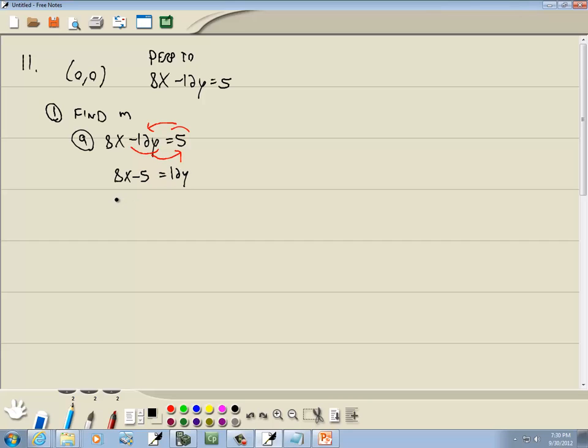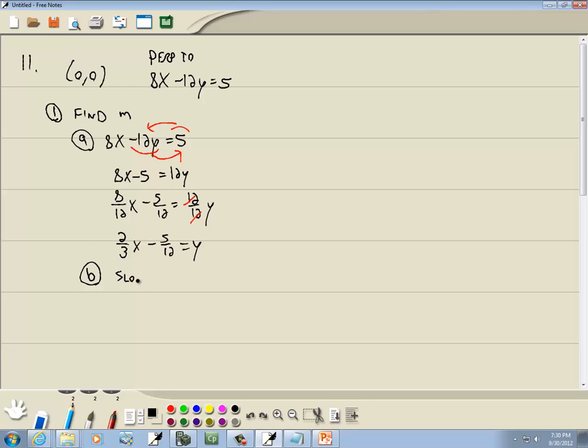And divide everything by 12. So we got 8 divided by 12, -5 divided by 12, and 12 divided by 12. And then those 12s cancel. Now these are both divisible by 4, so that gives us 2/3 x minus 5/12 equals y. And we just solve for y. That's in slope-intercept form. Okay.